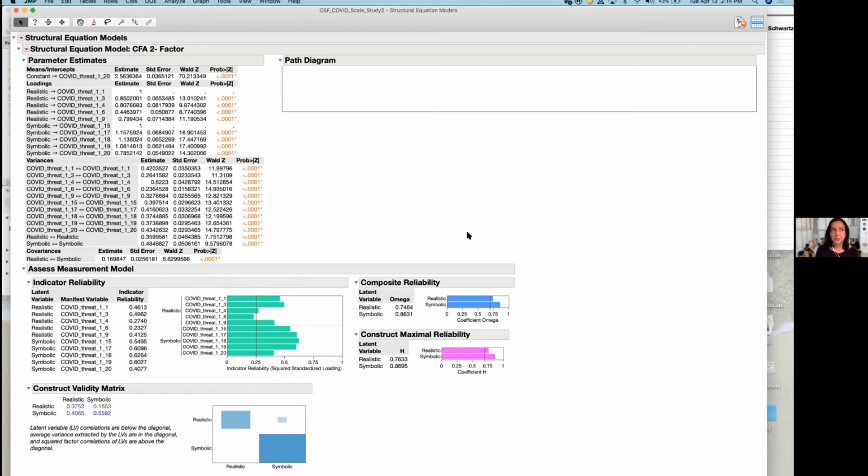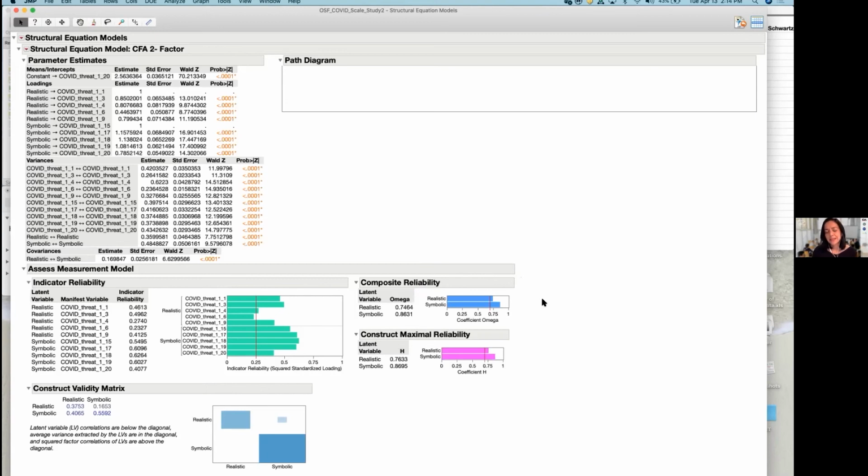On the right-hand side, we have something called composite reliability. Folks that are familiar with survey creation oftentimes have heard of coefficient alpha or Cronbach's alpha, and that's another composite reliability. But the standard in the literature, the best composite reliability estimate out there, is in fact omega, and that's what we provide here. And again, there's a little cutoff bar just to show you what is suggested.